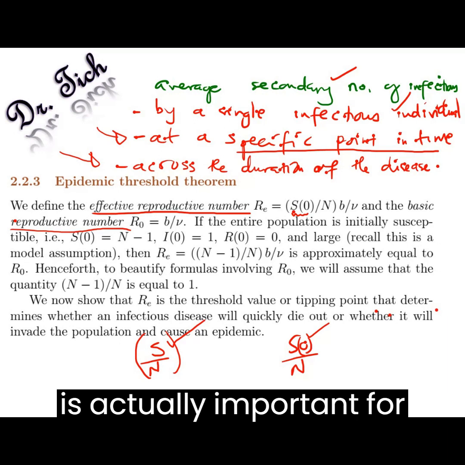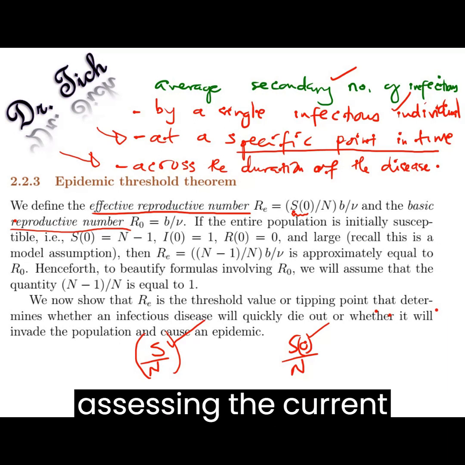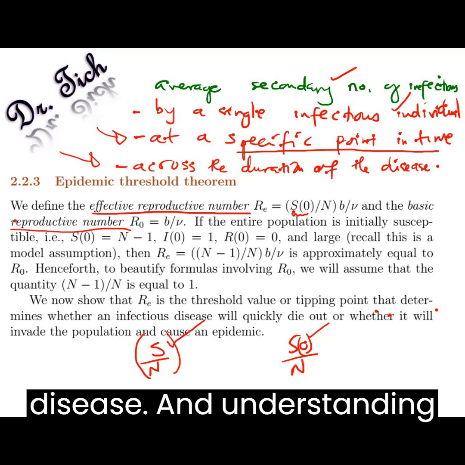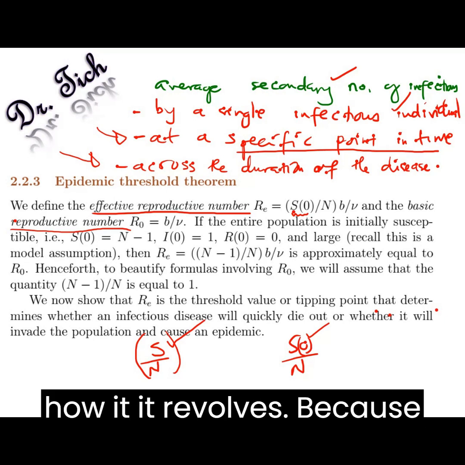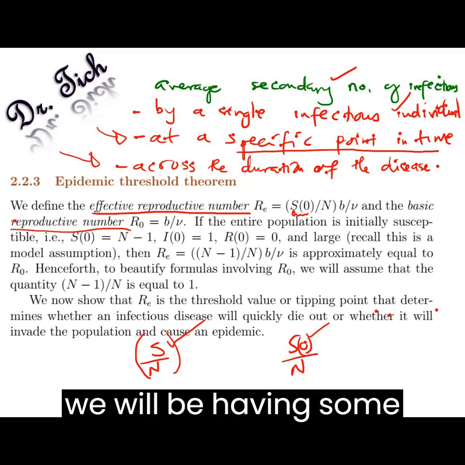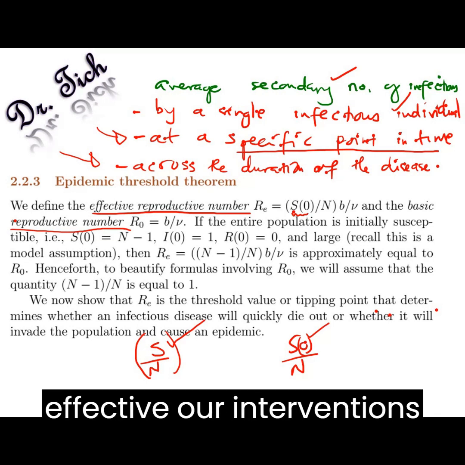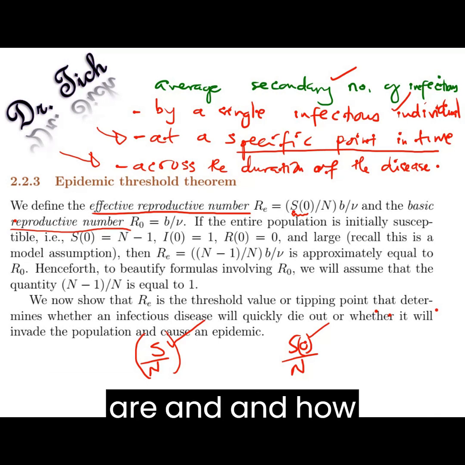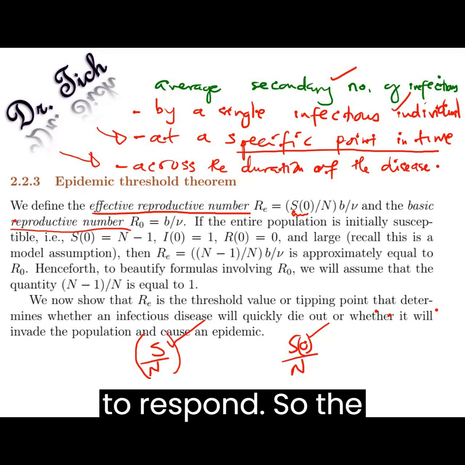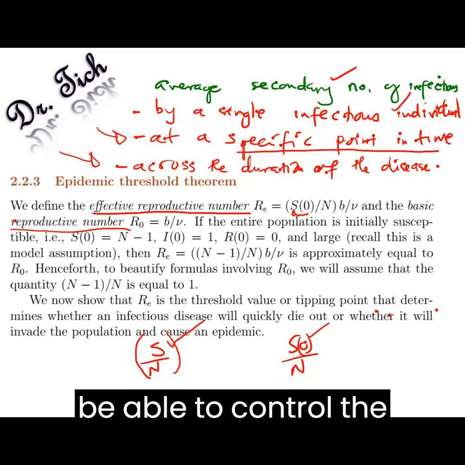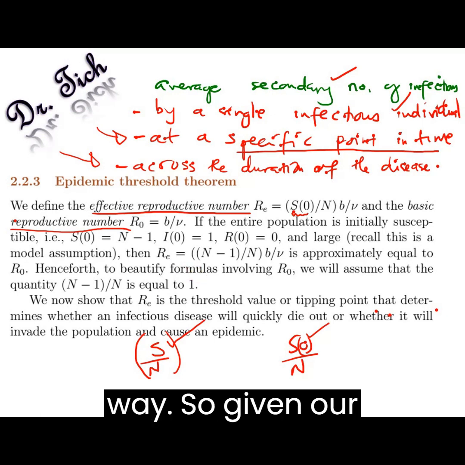Well, RE is important for assessing the current transmissibility of a disease and understanding how it evolves, because interventions will be taking place. We need to see how effective our interventions are and how to respond, so that we can control the disease.